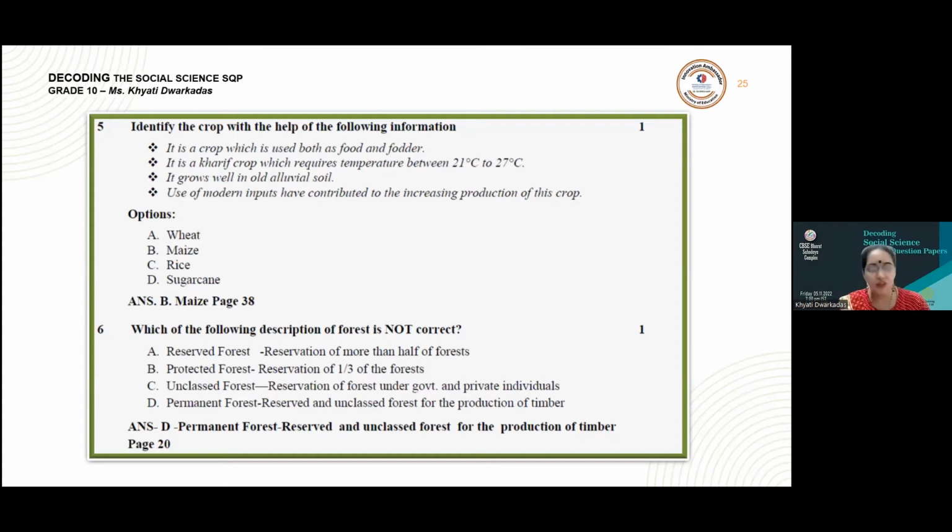Yes. So it is a good question. Once again, the language, the grammar of the stem is a little problem. But if they could rewrite the stem, it does make a good question.